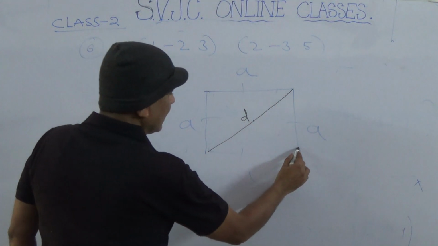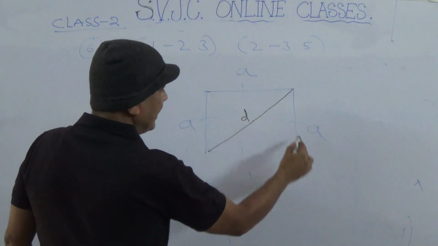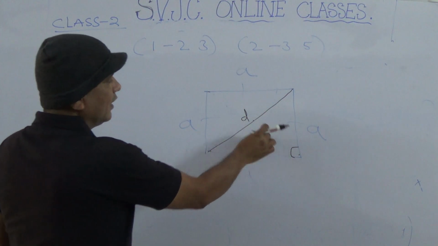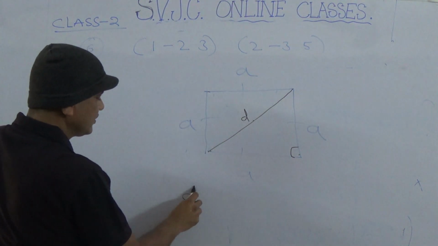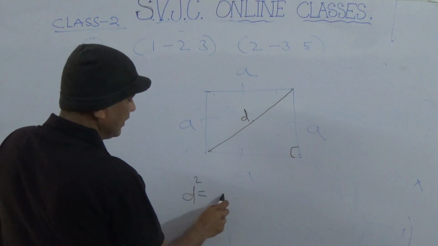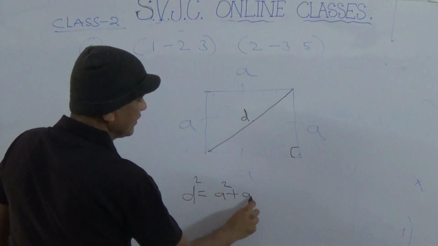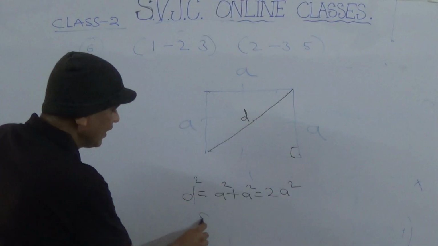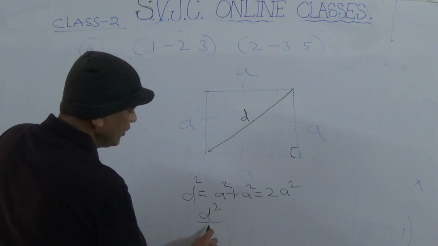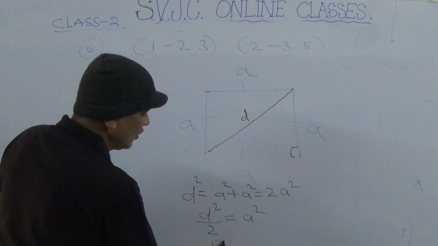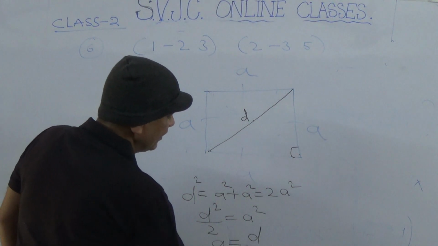Now consider this right angle triangle. By using the Pythagoras theorem, d squared is equal to a squared plus a squared, that is equal to 2a squared. Now d squared by 2 is equal to a squared. Therefore a is equal to d by root 2.